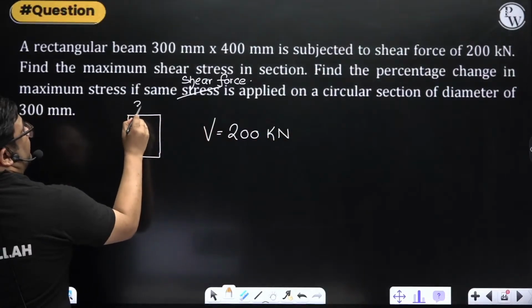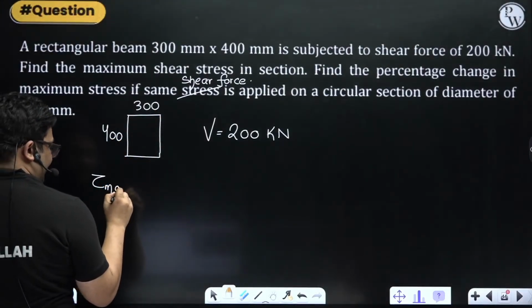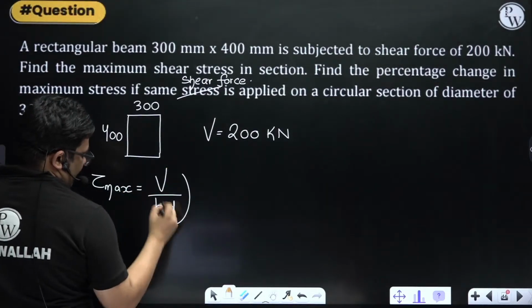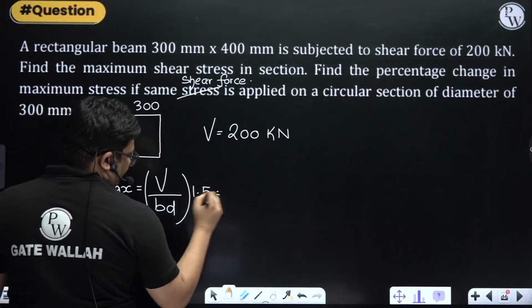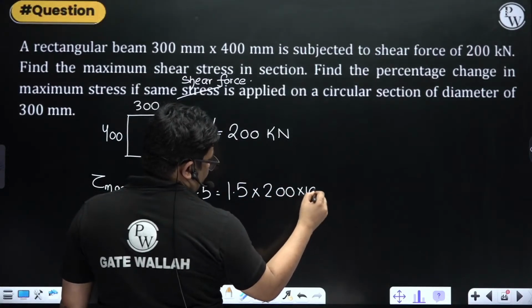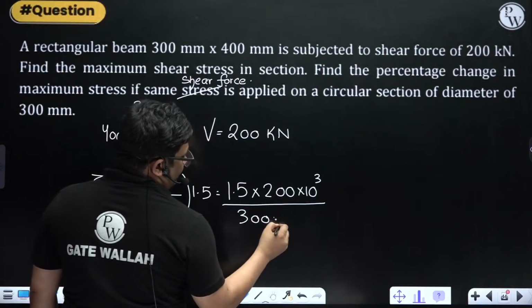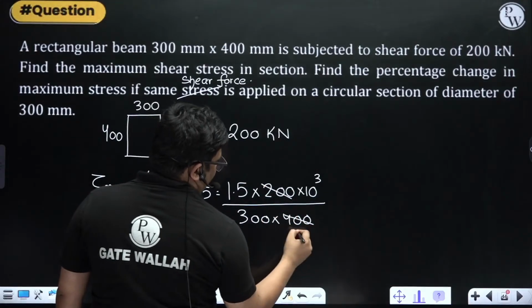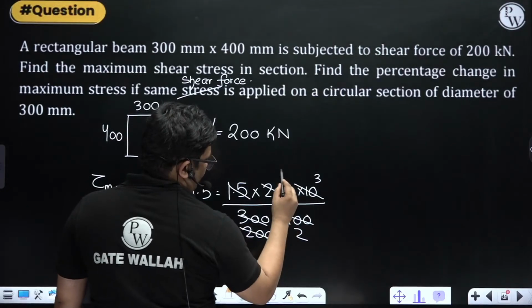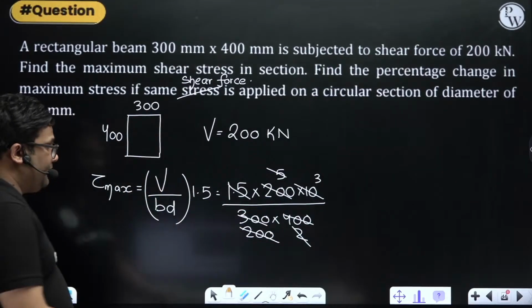How much is it? Tell me. For a rectangular section, what is the maximum shear stress you are getting? 1.5 times V by BD, right? 2.5, you are getting 2.5, right?